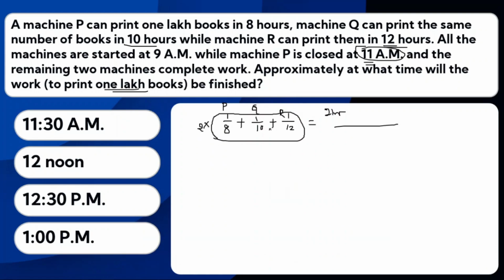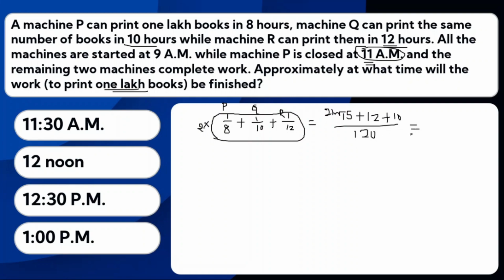The LCM for 8, 10, 12 is 60. 60 is not cancelling, so 120. 120 is the LCM, and 8 will cancel here one time, and the remainder is 15 times, plus 10 will get cancelled here 12 times, and 12 will get cancelled here 10 times.